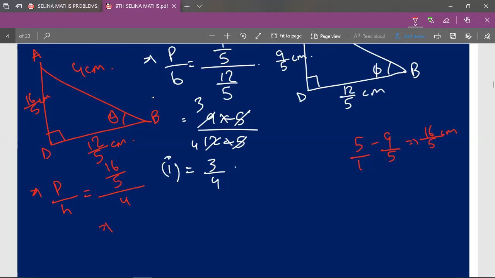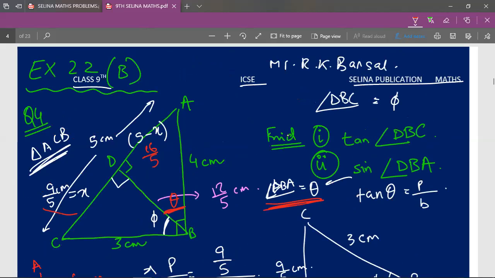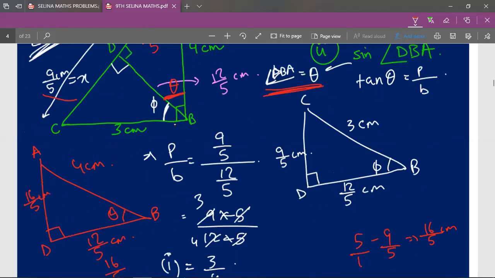So the 5 in the denominator of the numerator of this whole fraction will come down. So it will become 16 upon 4 into 5, and 4 fours are 16. So our final answer for the second part of the fourth question will be 4 upon 5. So our fourth question is done, and we move on to our fifth question.